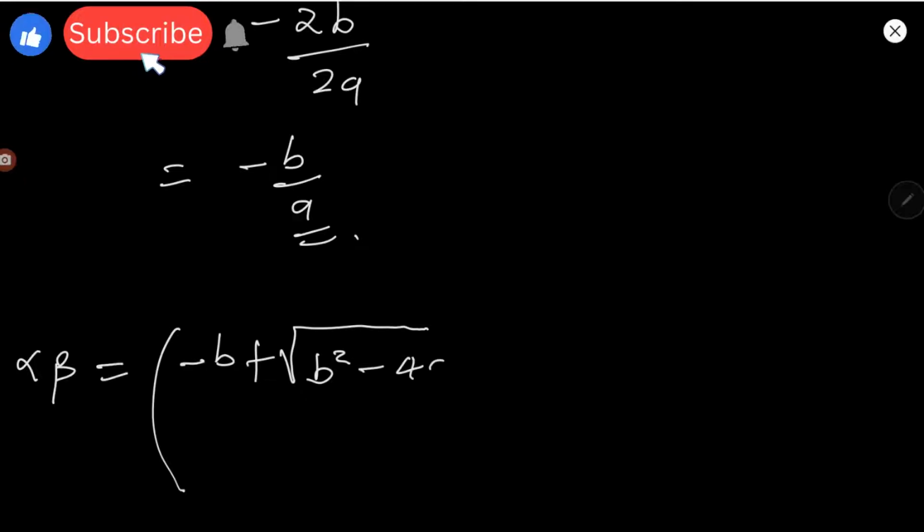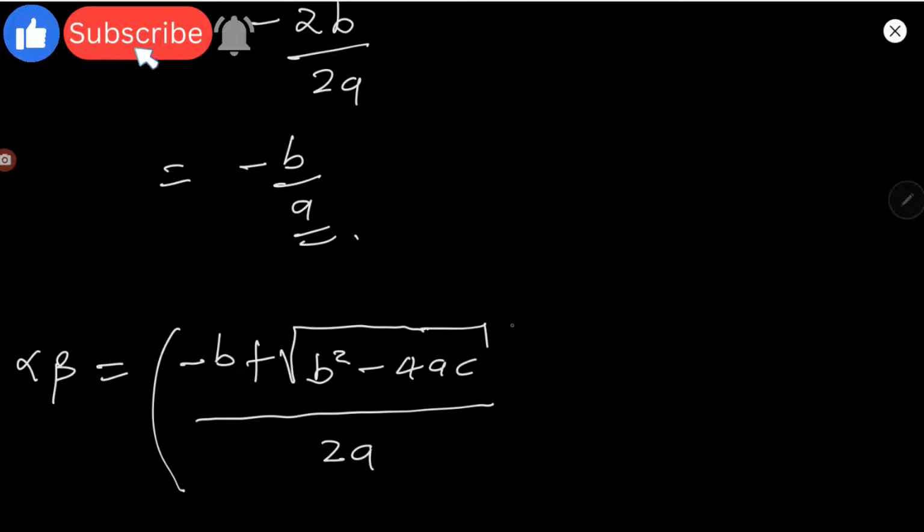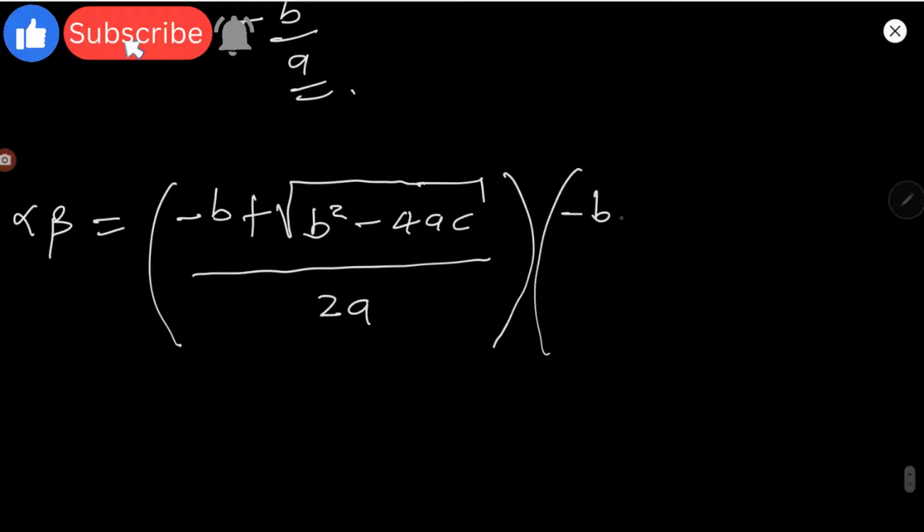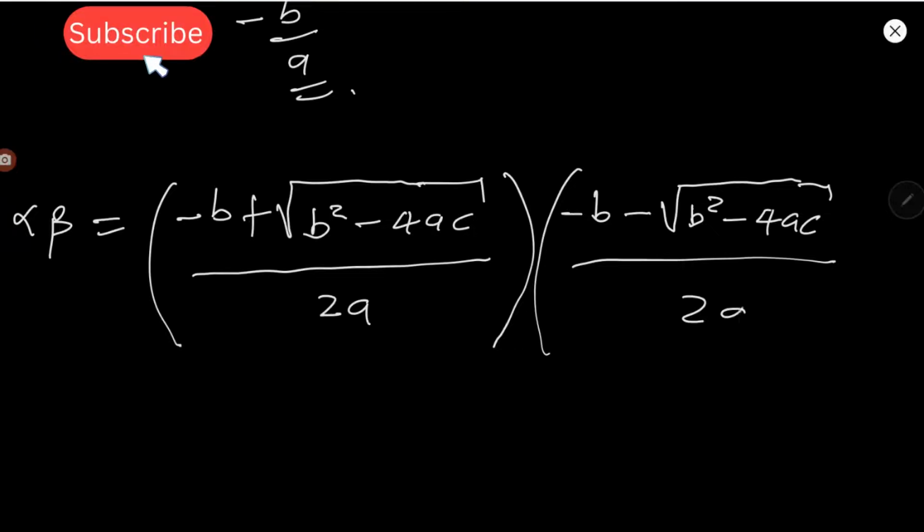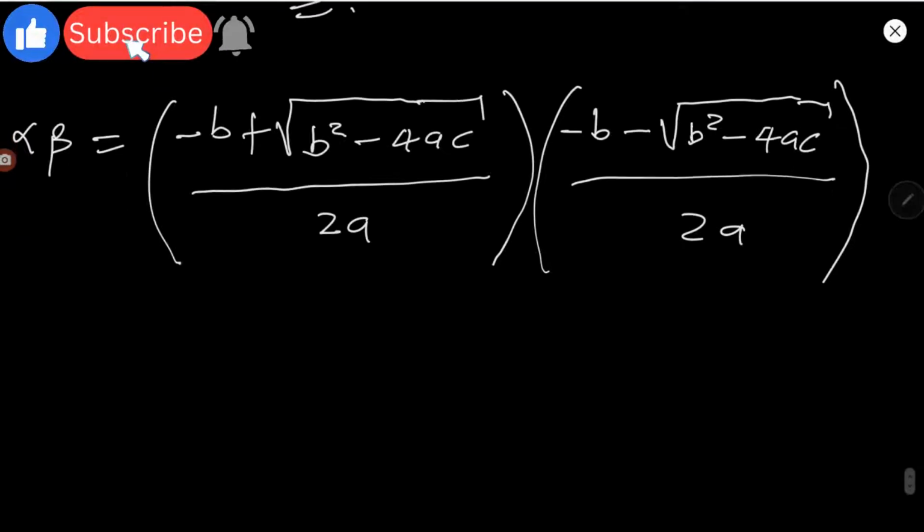So alpha times beta, we're going to have minus b plus the square root of b squared minus 4ac over 2a times minus b, now minus the square root of b squared minus 4ac over 2a. So our only job is to multiply these two.